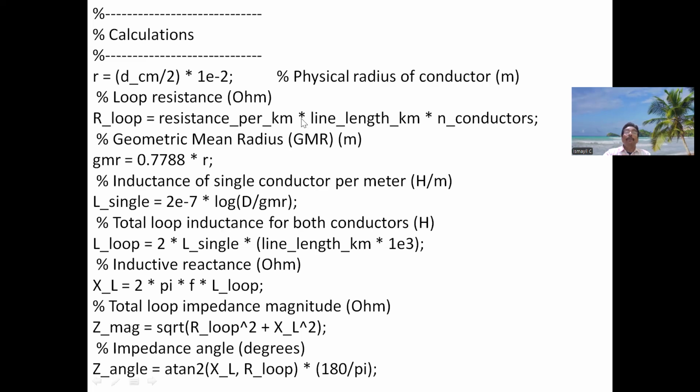Resistance per kilometer, line length kilometer, and n_conductors, we have already assigned to variables. I think you remember it from the previous slide.